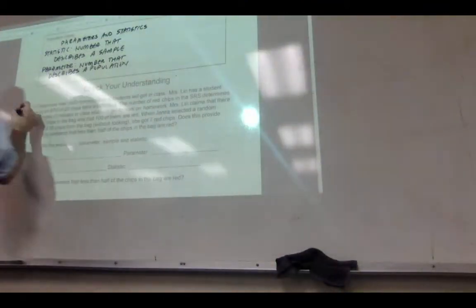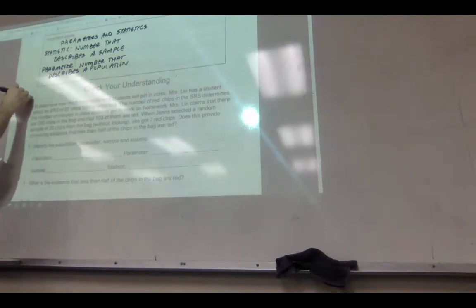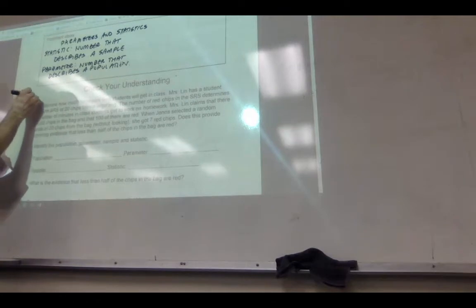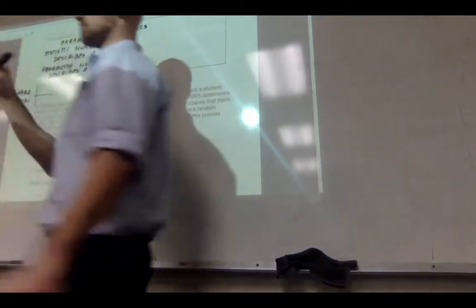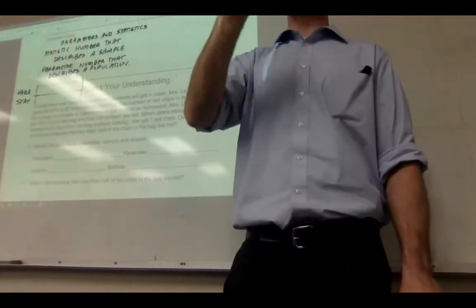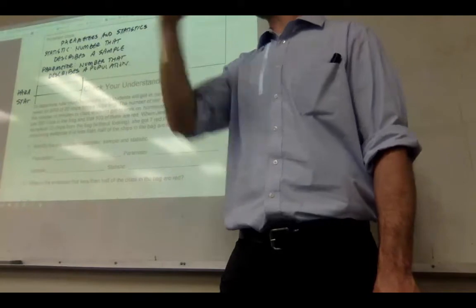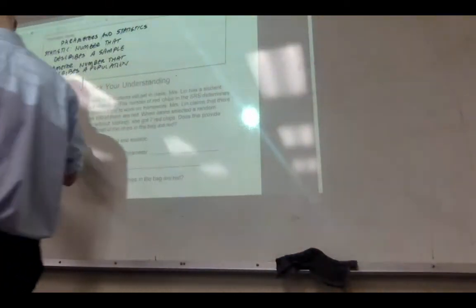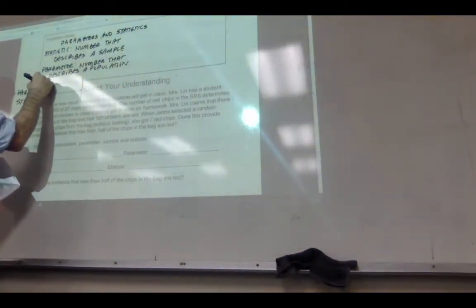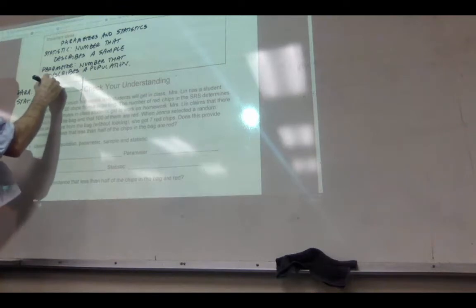When we look at this, I'm going to make a little chart right here. We're going to talk about three things, so three measurements. We're going to have different symbols for a statistic and a parameter. The first one is going to be a mean.